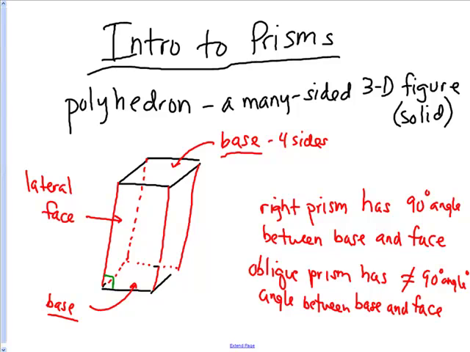It's a right prism because the angle between the base and the lateral face is 90 degrees, and its base shape is a rectangle. So we could have triangular prisms, rectangular prisms, pentagonal prisms, hexagonal prisms. In other words, the base of the prism can be any shape at all.